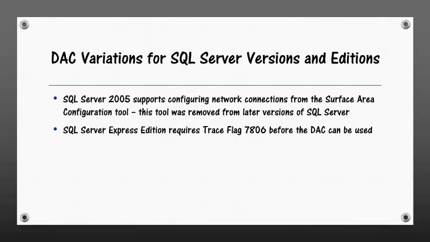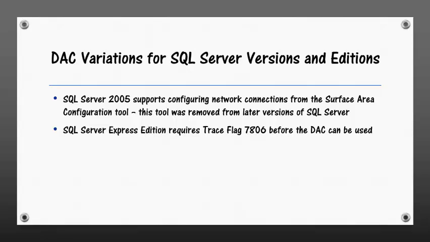So just to highlight some variations between SQL Server versions and editions, there's just a couple. As we saw, SQL Server 2005 supports configuring network connections for the DAC from the Surface Area Configuration tool. This tool was removed in later versions of SQL Server, so it is only supported in 2005.